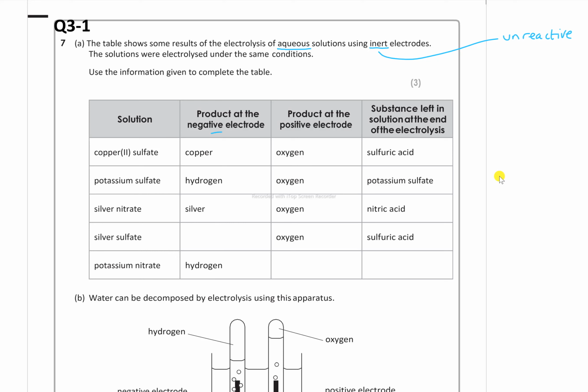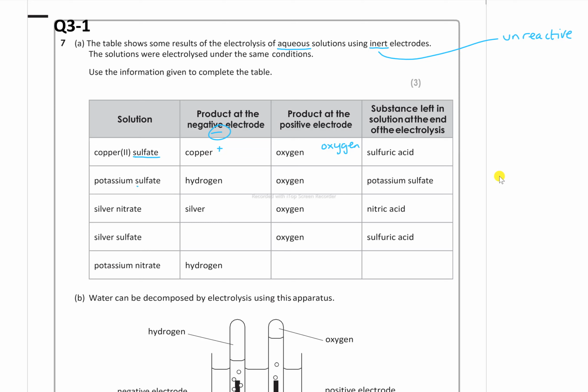At the negative electrode, you end up with copper because copper is a positive ion. At the positive electrode, you end up with oxygen. In the solution, you end up with sulfuric acid because you've got sulfate.